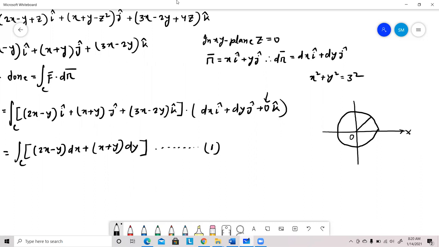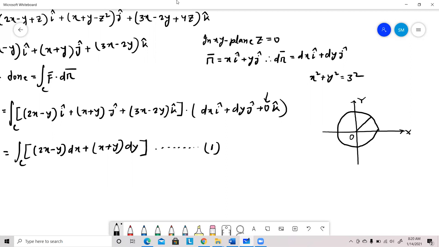We can solve this in two ways, but it may be complex if we convert this integral into either x or y, because for x it will be plus or minus root over 9 minus y squared.